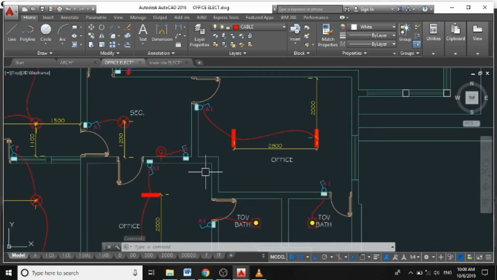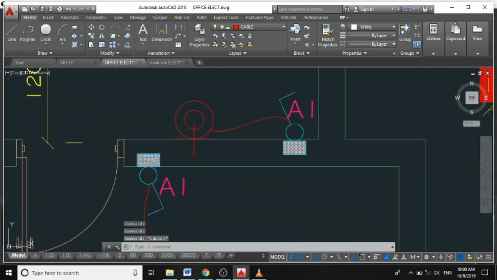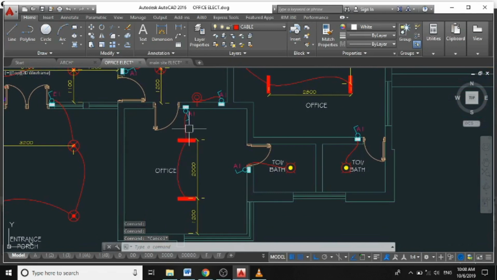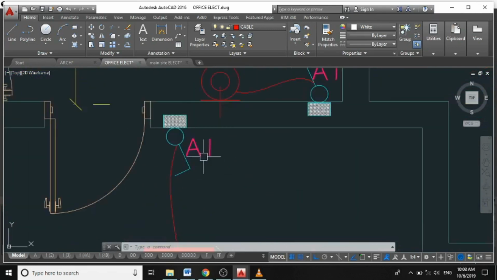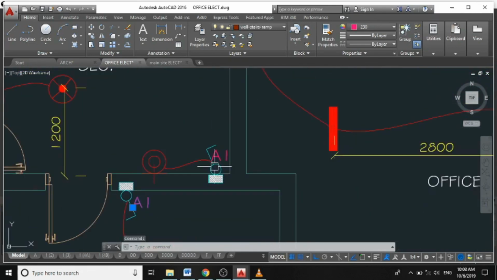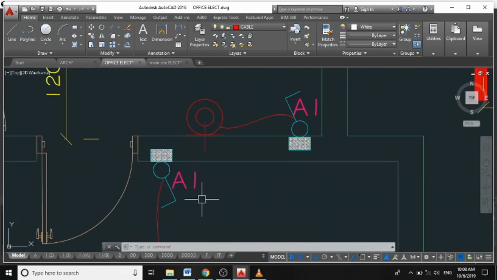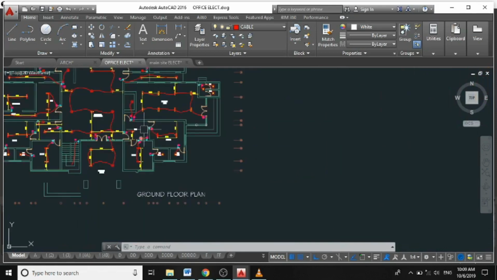You will observe I'm having some switches with the same panel identification number. Like this, the switch controlling this circuit is identified as A1, while the one controlling these fixtures also as A1. This simply means my switch here and my switch here will be connected to the same circuit.